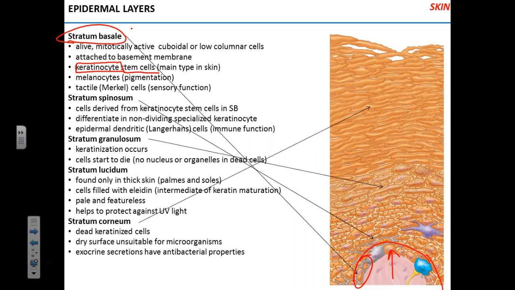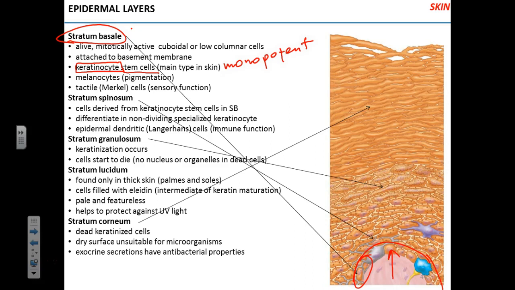So we should call them monopotent. Does that make sense? They differentiate, but they don't make any other cells except skin cells.